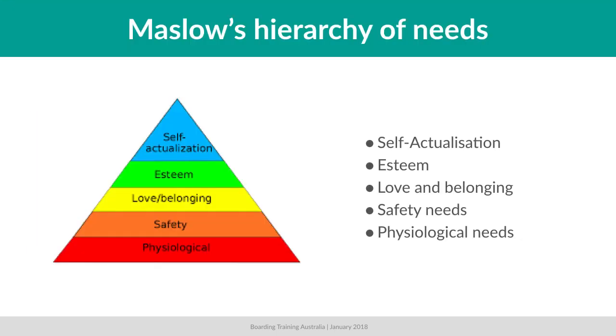We're probably more familiar with Maslow's hierarchy of needs, where he looked at the physiological needs, our food, air, water, all those things we need to survive, then safety, love, belonging, esteem, right up to the top, self-actualization. And what he was saying was that you can't move to the next level until the needs from the level below have been met.